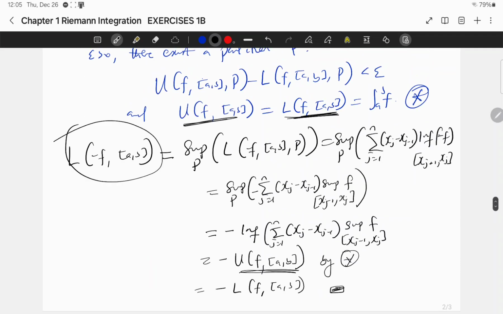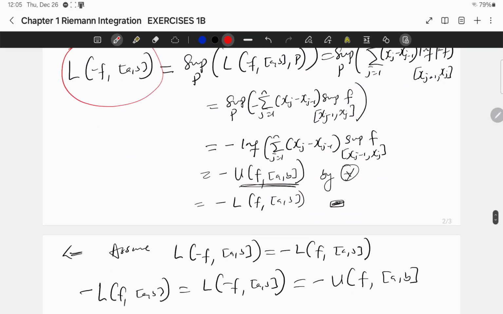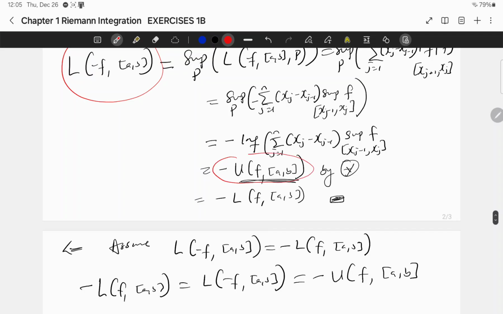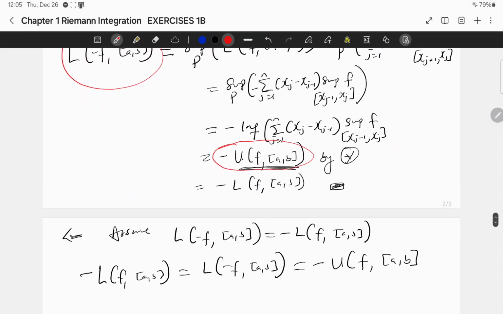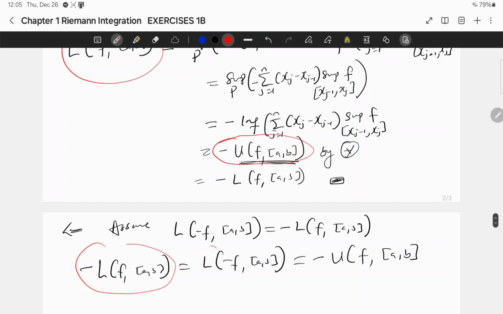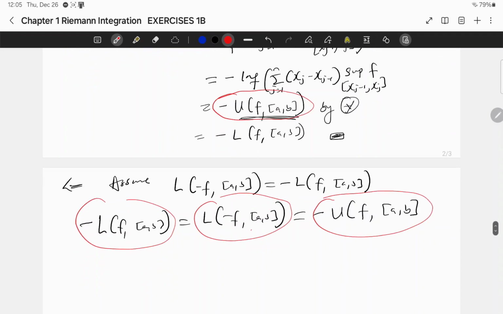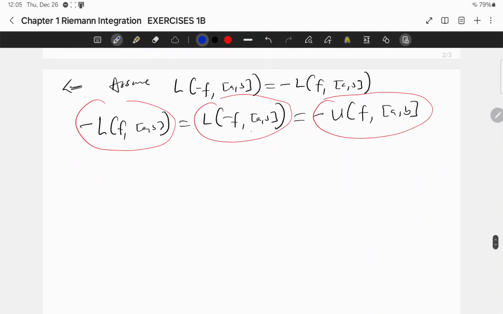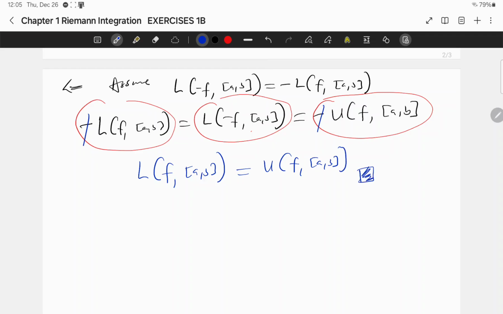From here we are able to show that this equals this. So if this is equal to this, then this also equals this. If that holds, then you can just cancel this negative, then we have this, and that looks so trivial, and that ends our proof.